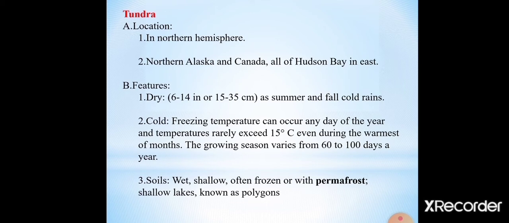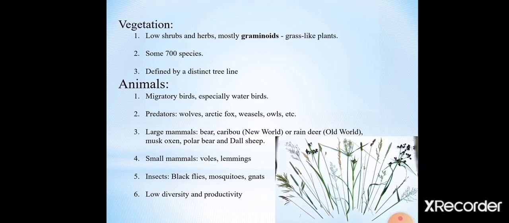There are usually 700 species of plants in the tundra region, and the vegetation is low growing, consisting mainly of grasses and dwarf shrubs. There are also wild flowers in this biome.